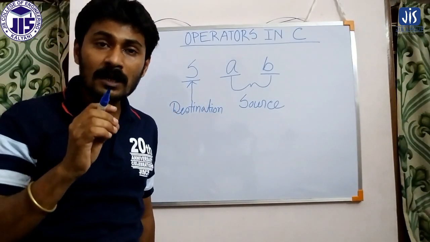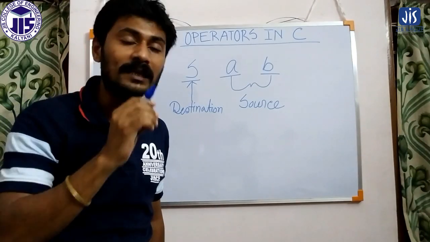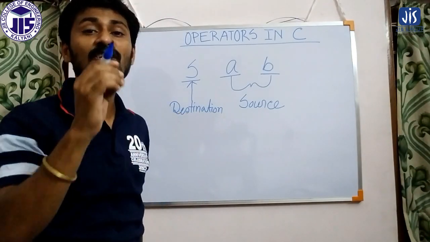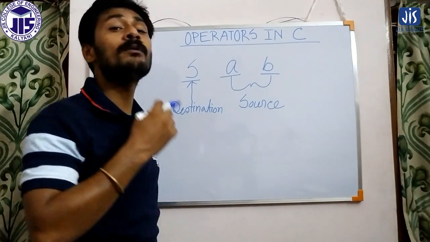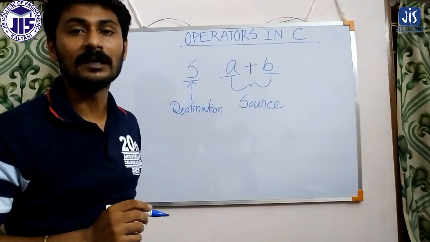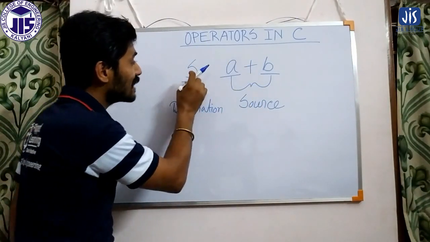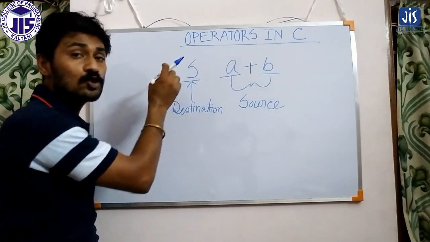To perform the operation, we have to mention a specific operator. That means we want to perform addition. Addition is the operation, so how will we represent it? For that, this plus sign should be there. And after performing the addition operation, the result needs to be stored into this variable.